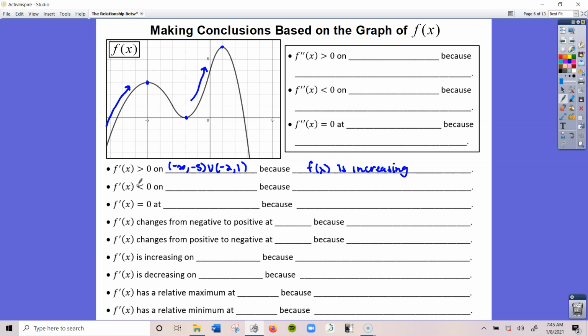Now, when f prime of x is less than 0, that means that the function is decreasing. So I'm going to look here when my graph is decreasing. So we can see that it's from negative 5 to negative 2, union from 1 to infinity, because f of x is decreasing.